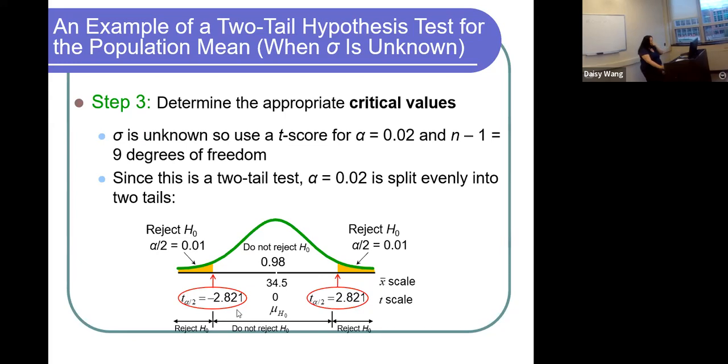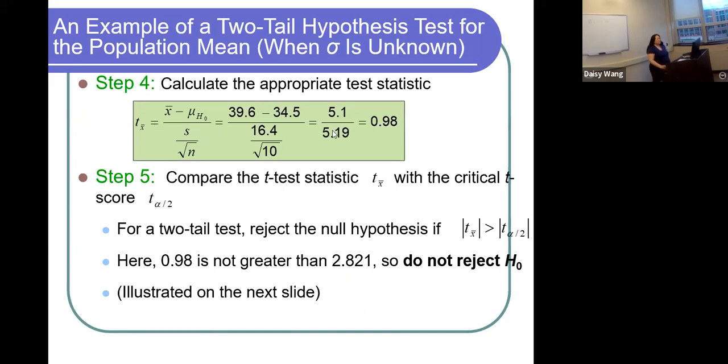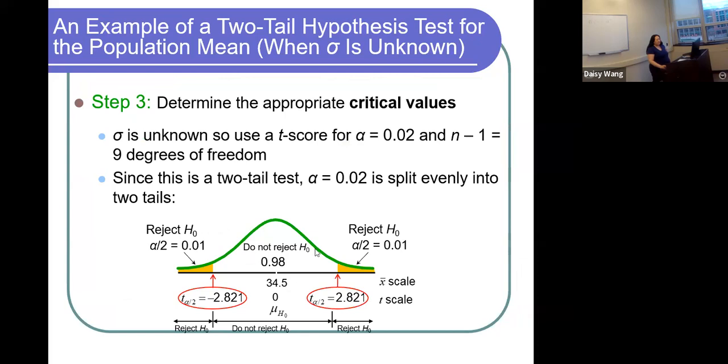This is division. So negative 2.5. Here, this. Okay. T is actually 0.98.